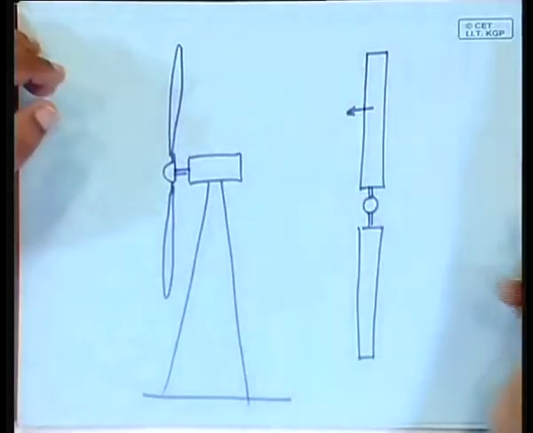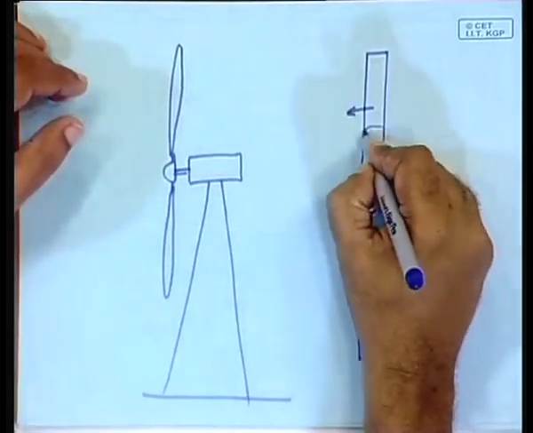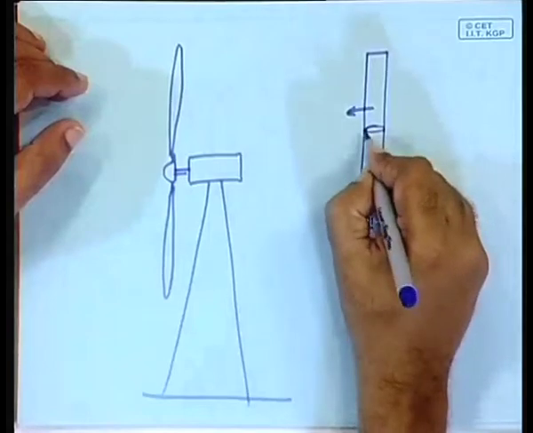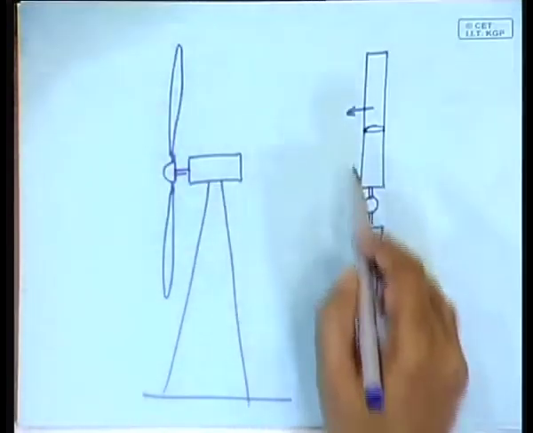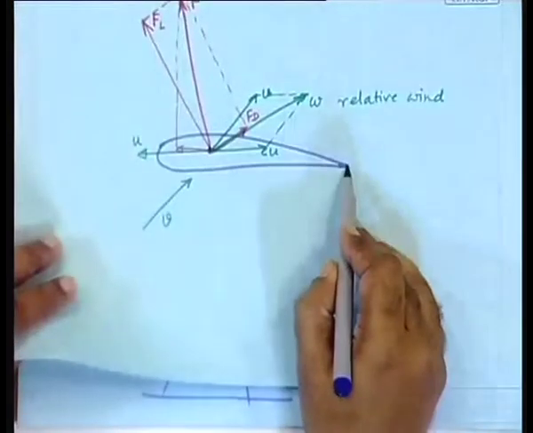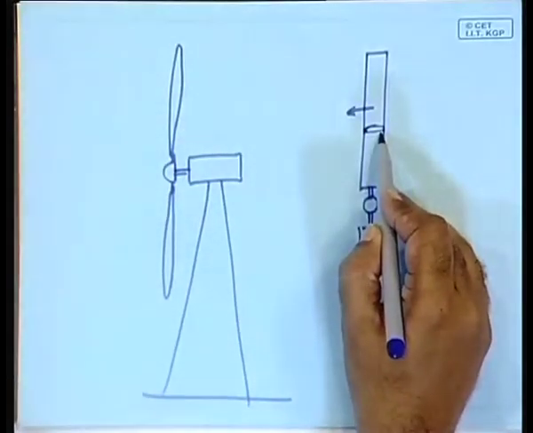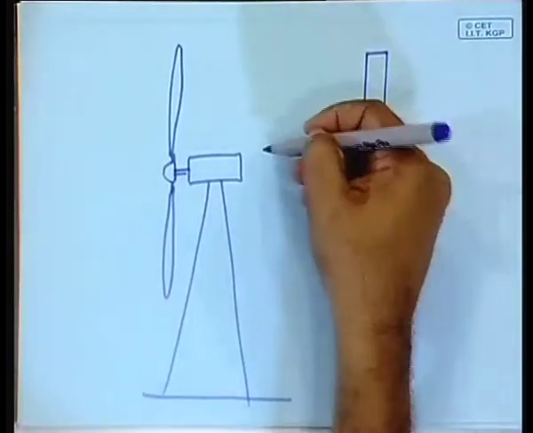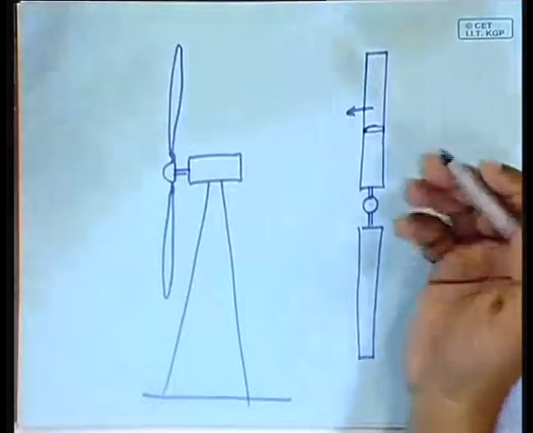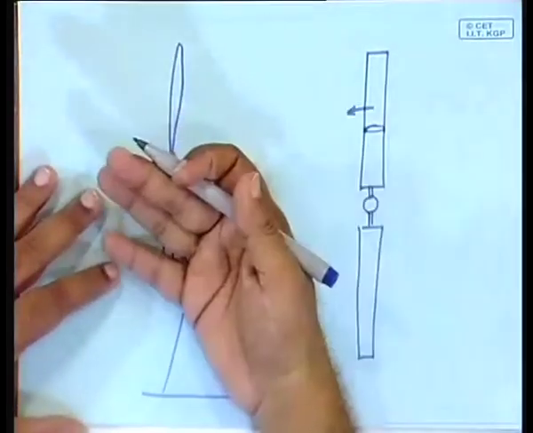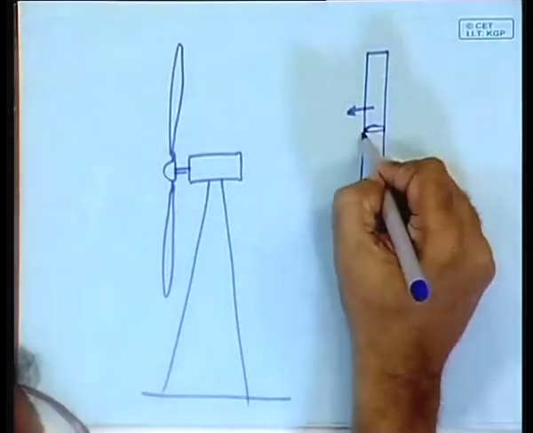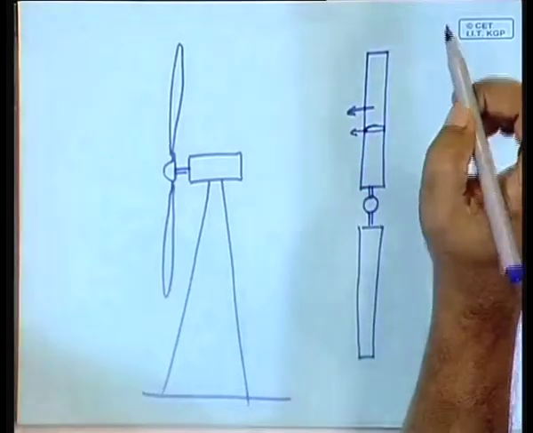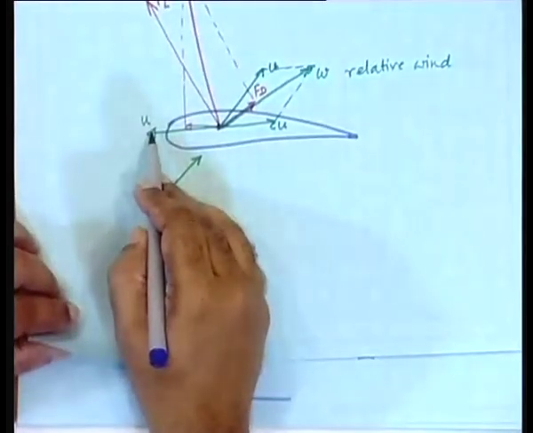How is it oriented? If it is meant to rotate in that direction, then it is like this. Its head is here in this direction, its tail is here in the opposite direction, so that as it moves, it actually moves into the air. Okay. So, as it moves, this becomes your U. Clear?